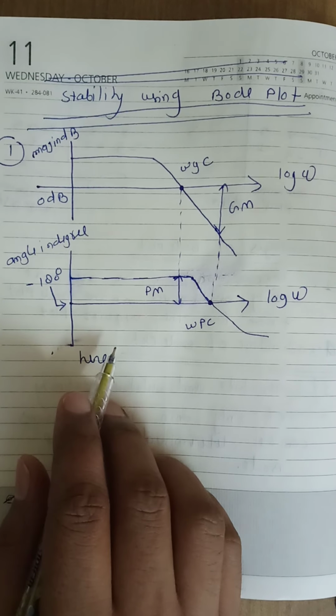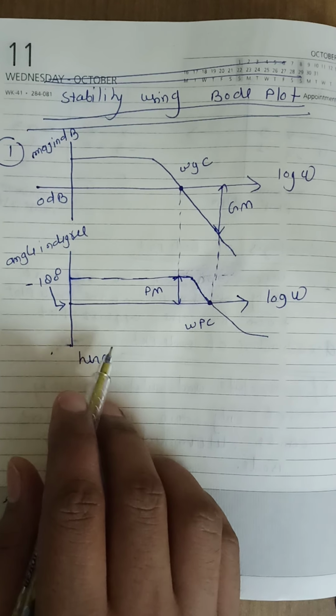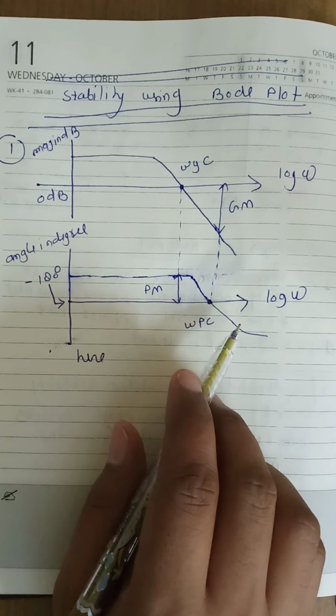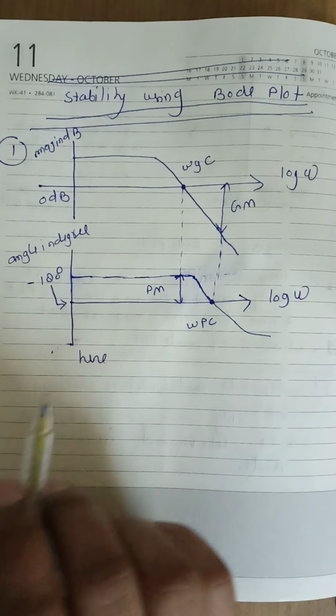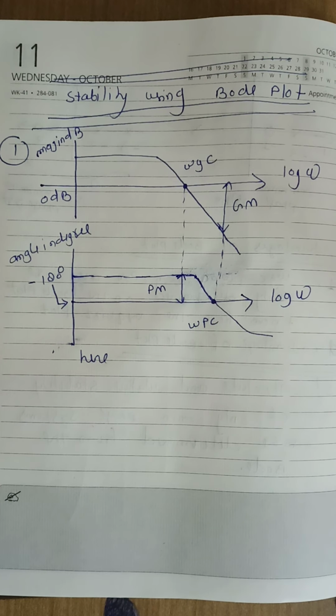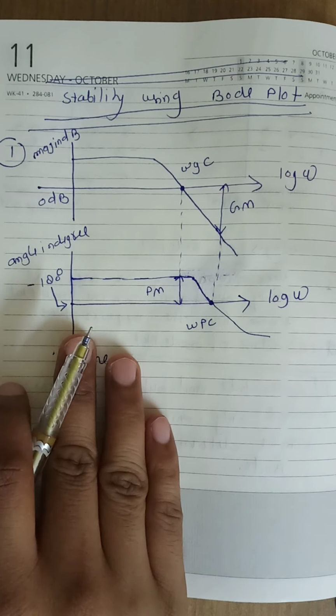Second is the phase angle plot, or phase plot. Here the minus 180 degree line will be the reference line. On the horizontal scale we are considering log omega, and on the vertical scale we are considering angle in degrees. So the first is the magnitude plot and the second is the phase plot.